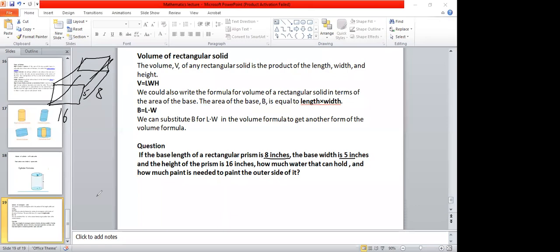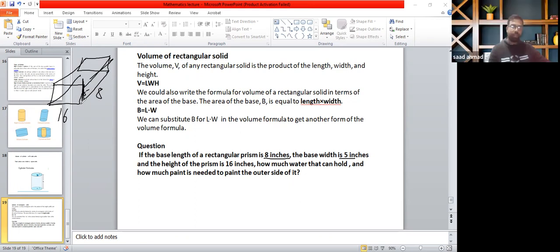Are you supposed to multiply 8 times 5? This red side is 5, and this blue side is 8, and the black side is 16.